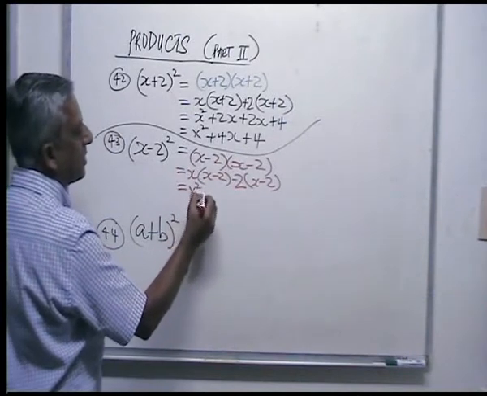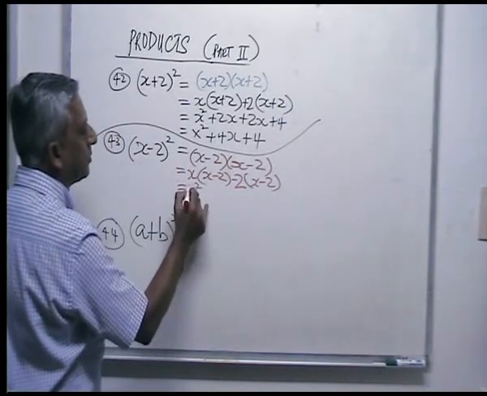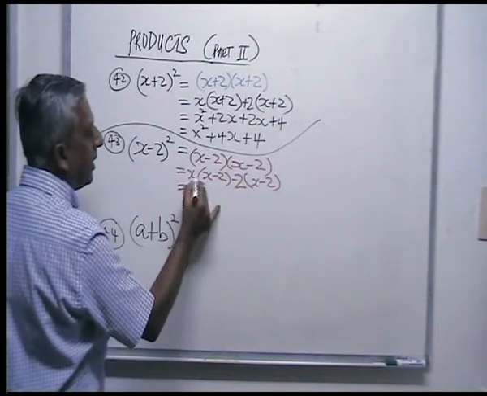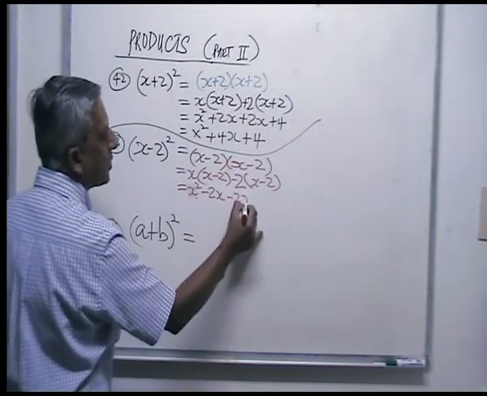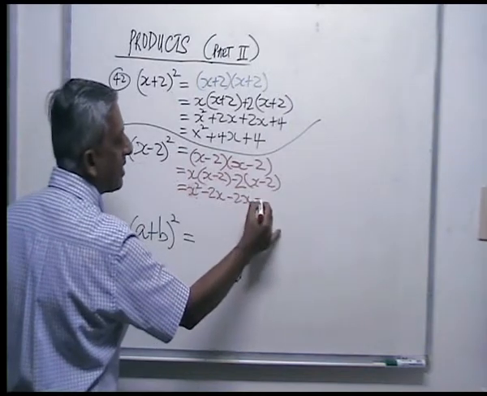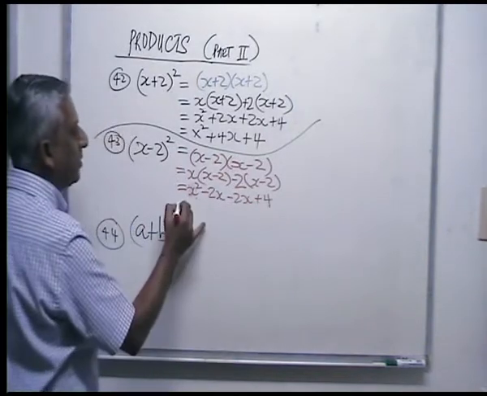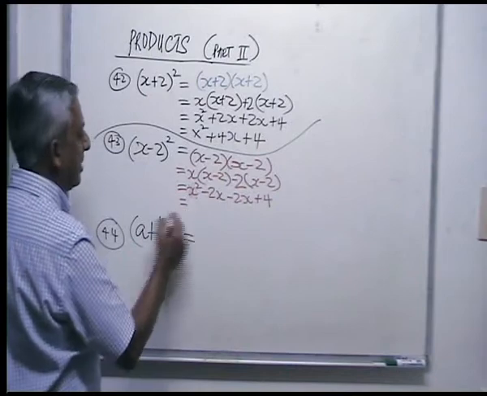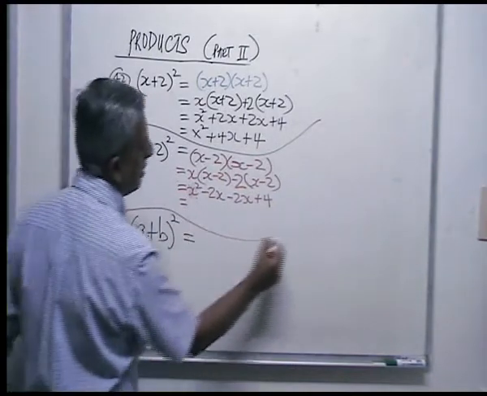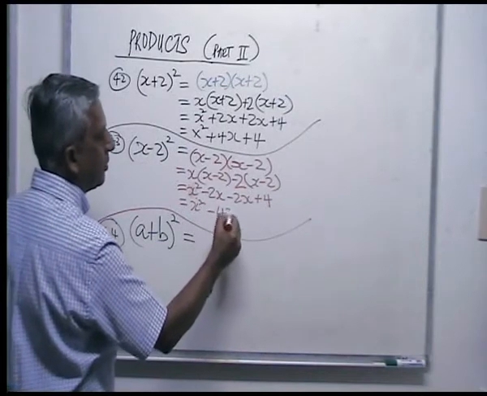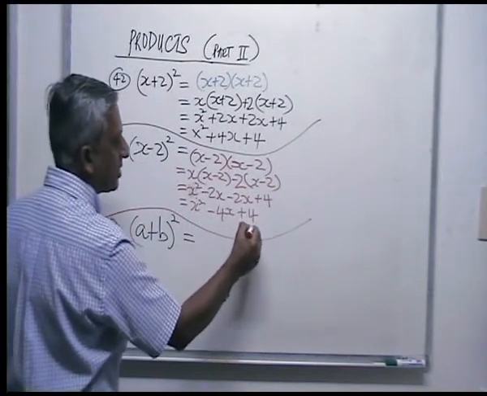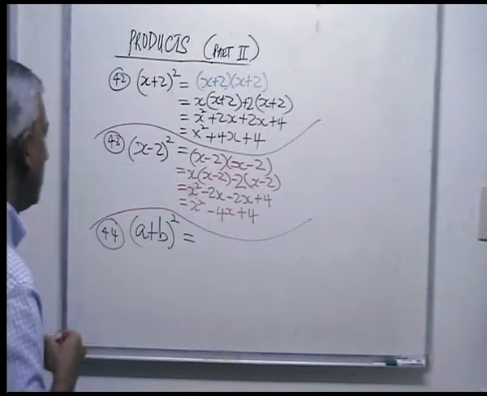And that gives you x squared minus 2x minus 2x, minus that minus is plus 4, and that finally gives you the answer x squared minus 4x plus 4.